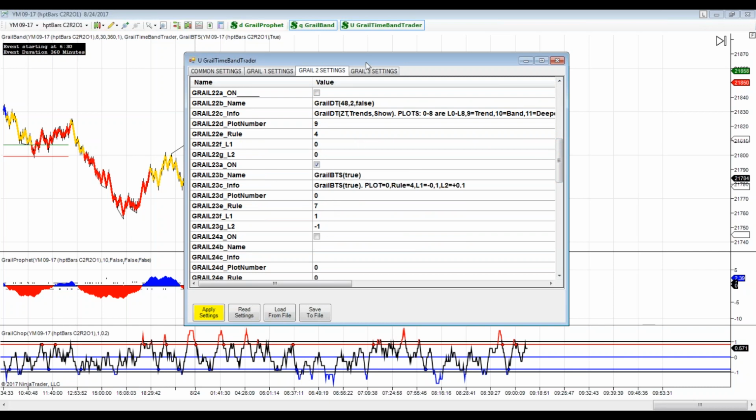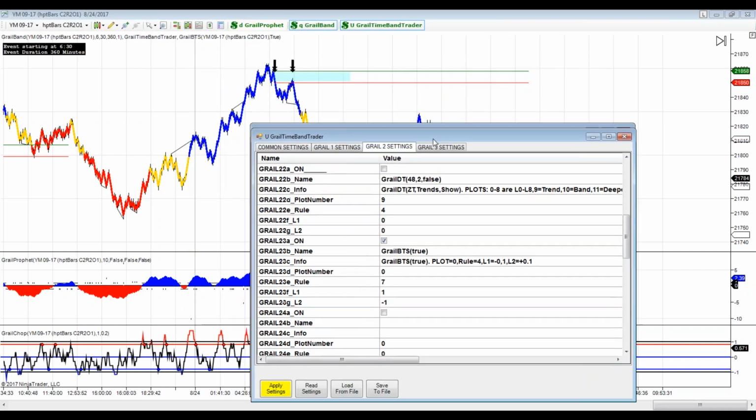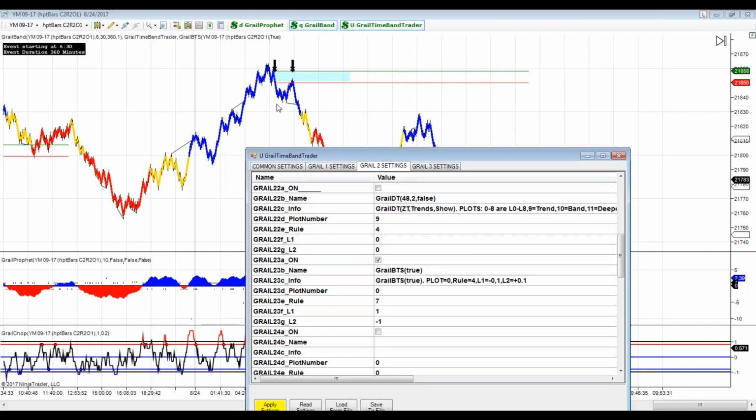What that means is it's looking for trades where the previous color was blue and then we went to yellow, so yellow is what you're going to look at, and then we go back to see what the previous BTS color was. That would be long. And if it was red and then we went to yellow, it would look for a short. We don't have either one of those conditions here. We have none.